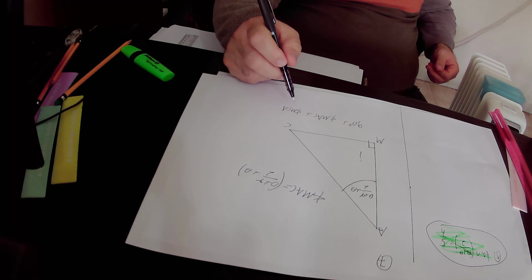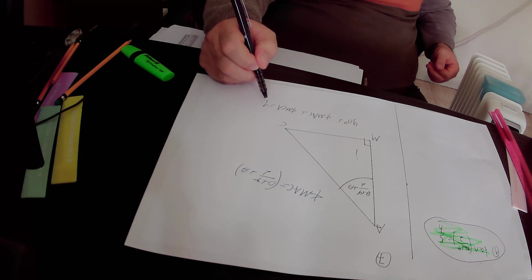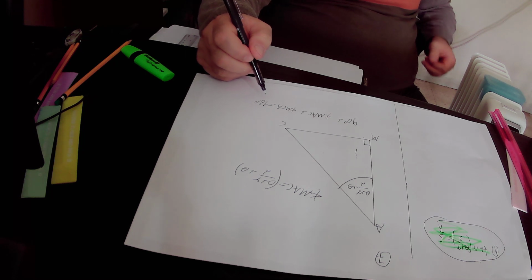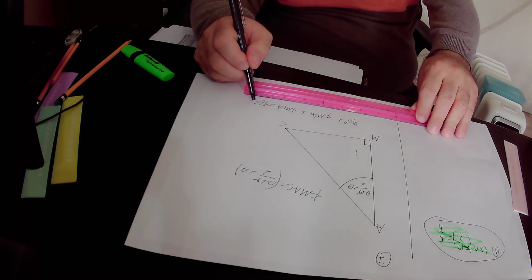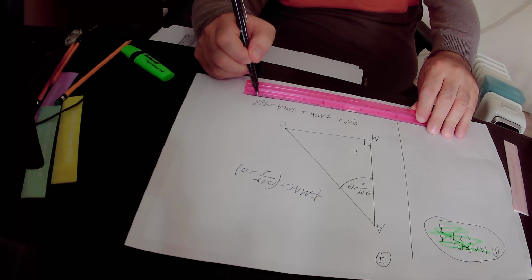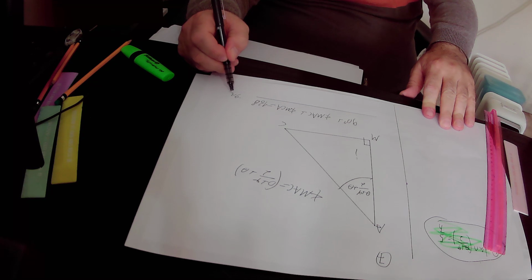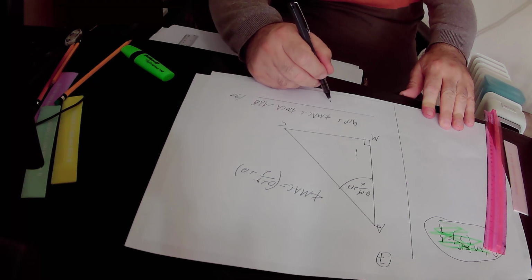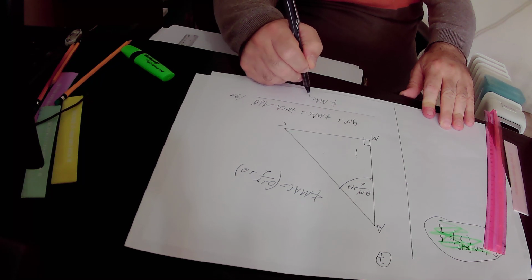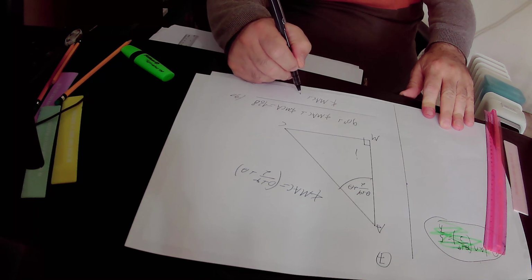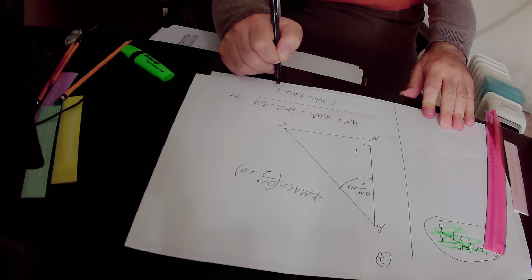In total, the sum of those three angles in triangle AMC must be equal to 180 degrees, according to the rule that the sum of the angles in any triangle is equal to 180 degrees. Here we will subtract 90 degrees from this equation, and we get that angle MAC plus angle MCA equals 90 degrees.